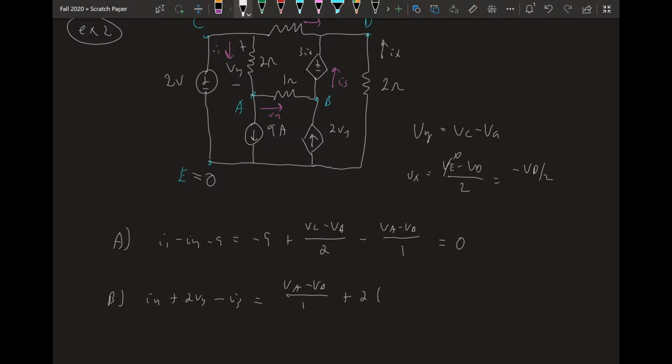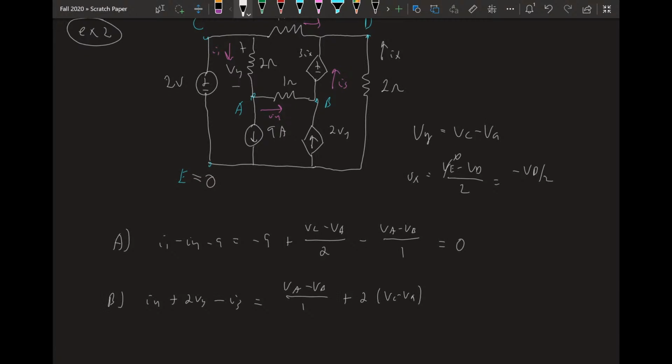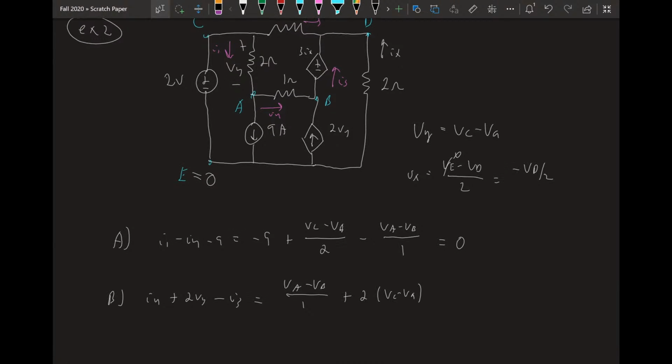So let's rewrite this as 2 times VC minus VA. And what is I3? Can we define I3 in terms of resistances or voltages? Not currently, right? It's going through a voltage source. We don't know what that current can be because the voltage source will work regardless of the current going through it. We also have no idea of what to put it in terms of. So I'm just going to leave it as I3 and we'll come back to it later. So we're going to say minus I3 equals 0.